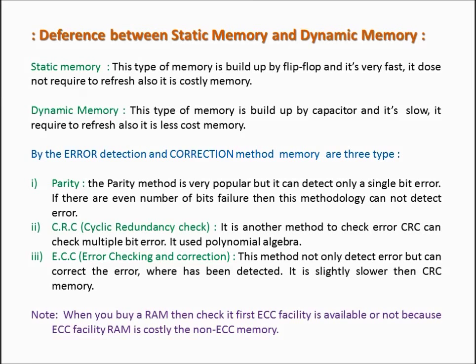Number 3, ECC, error checking and correction. This method not only detects errors but can also correct the errors that have been detected. It is slightly slower than CRC memory. Note: when you buy RAM, first check whether the ECC facility is available or not, because ECC RAM is costlier than non-ECC memory.